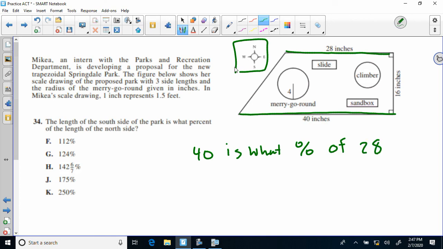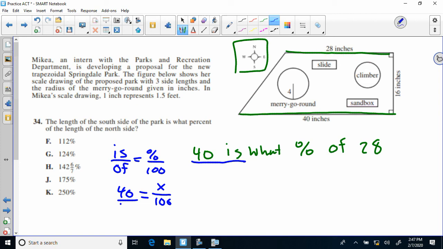If I write it in words, it's easy for me to do because then I do the same thing of is over of equals percent over 100 that we did on the other one. So 40 is, so that goes in the is, what percent, that's my x, over 100, of 28. So of is my 28. And I just use the is over of equals percent over 100.